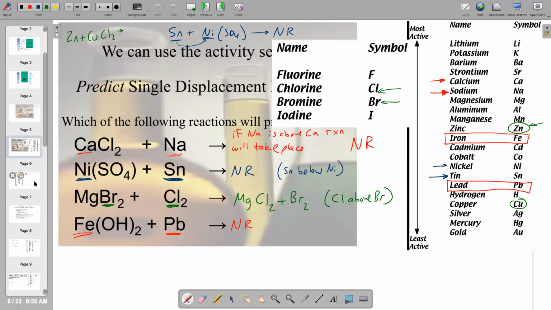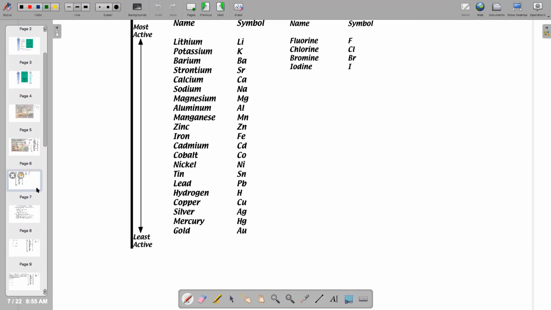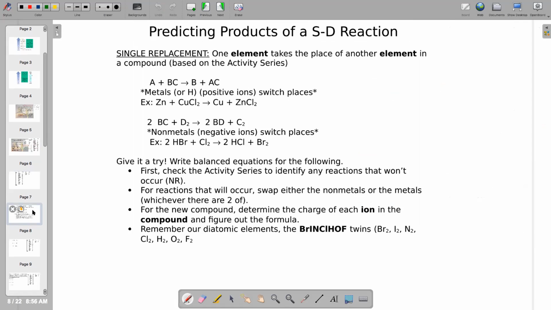All right, so you want to use that activity series to help you out. You got this other paper, the one that says predicting products of a single displacement reaction, or a single replacement reaction. So here's the idea. This is what we're going to work on and try.